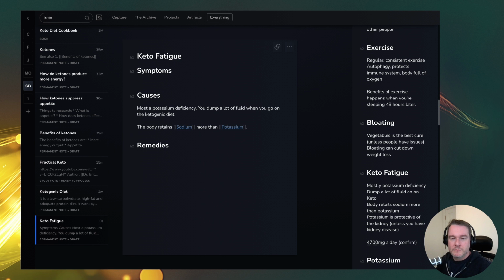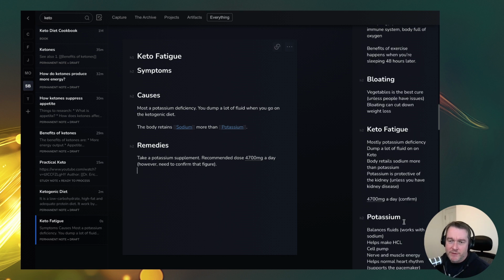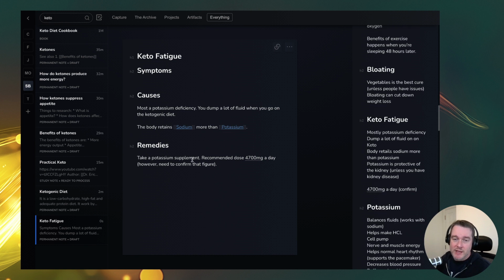Take a potassium supplement, and then recommended dose, something like 4,700 mg a day. However, need to confirm that figure. So it was in the YouTube video. Don't just go live your life off a YouTube video. Do read labels and things like that. So it'd be nice to do a bit of independent research on that.